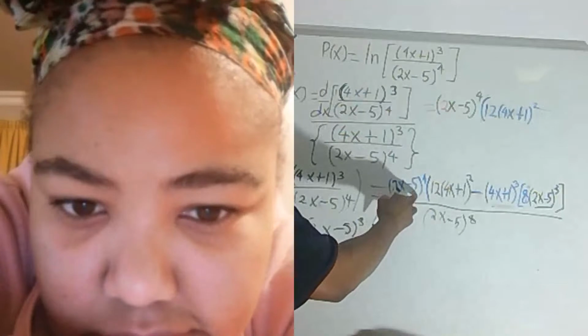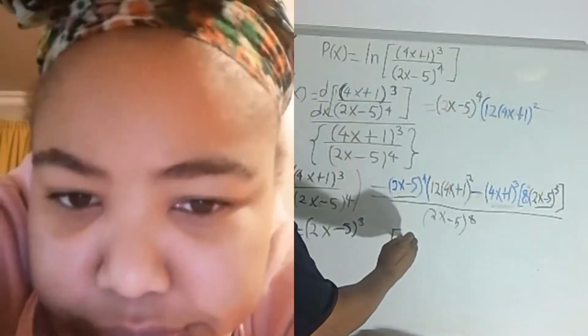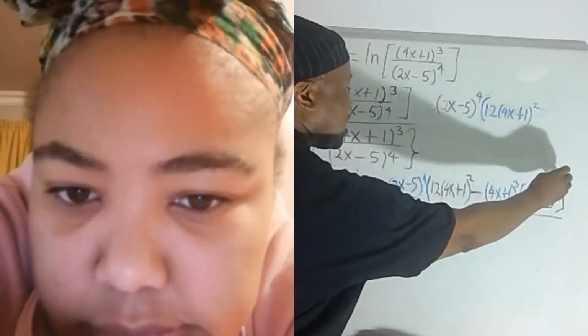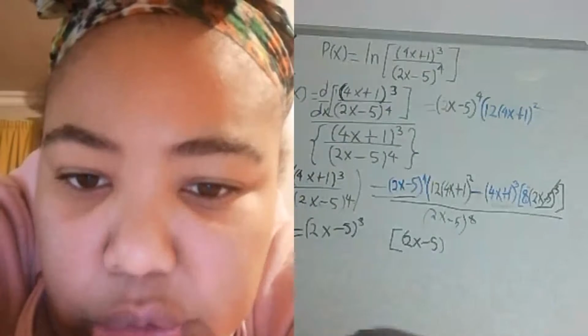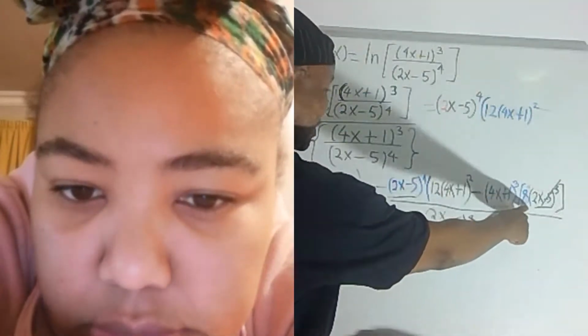If I take that out, how many will I be left with? 1. So I say 2x minus 5, minus 5. Here it is gone, cancelled.